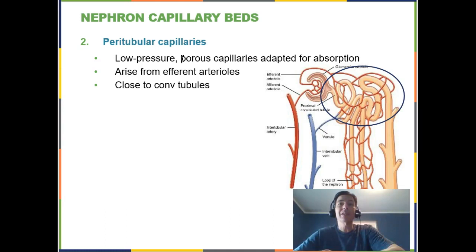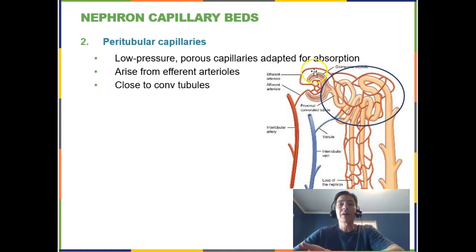You are going to see that stuff in the tubules ends up being transported back into the bloodstream. So you want plenty of room in your tubules, low pressure, so it's easy to get salt and water back into your bloodstream. It's also important to point out that these peritubular capillaries arise from your efferent arteriole.